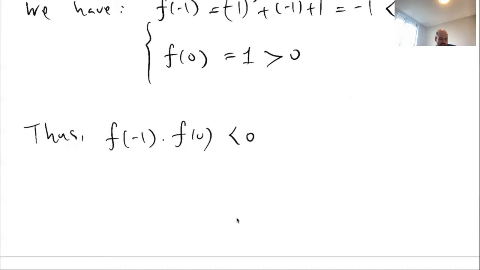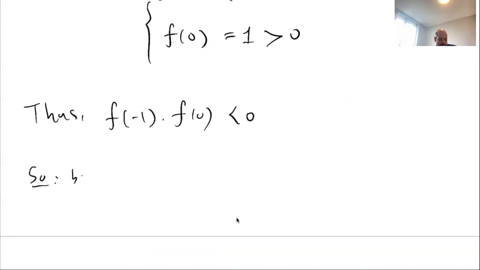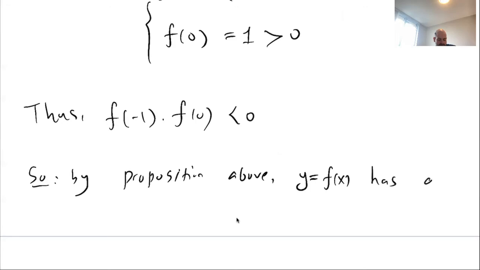So what can we conclude? By the proposition above, y equals f of x has a root between minus 1 and 0. f of minus 1 times f of 0 is negative, so it must have a root between minus 1 and 0.